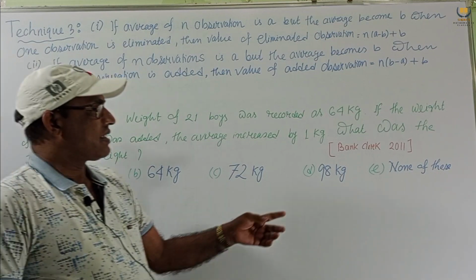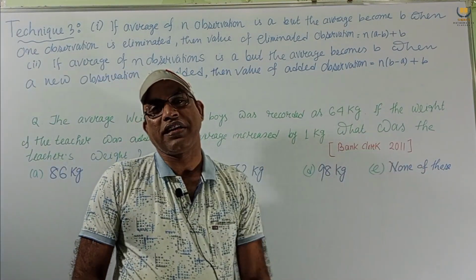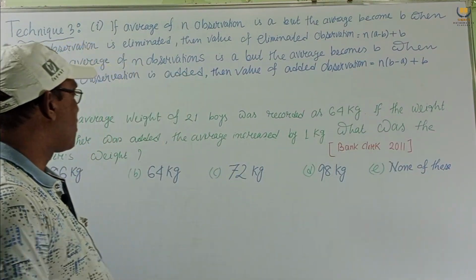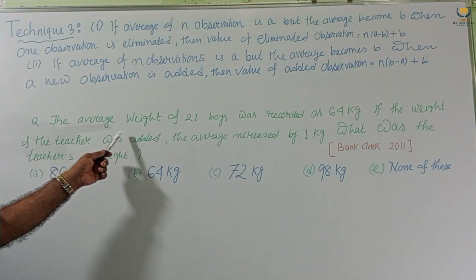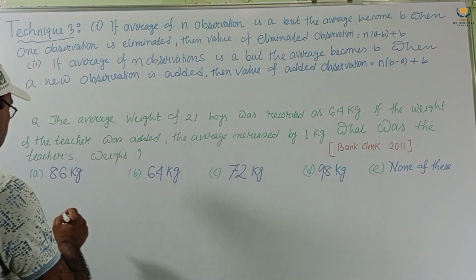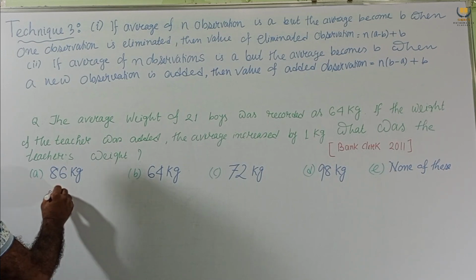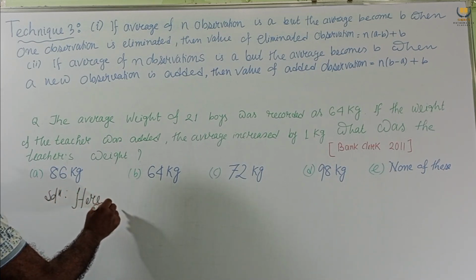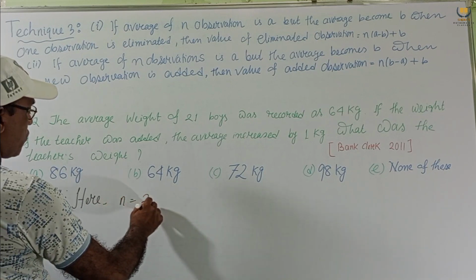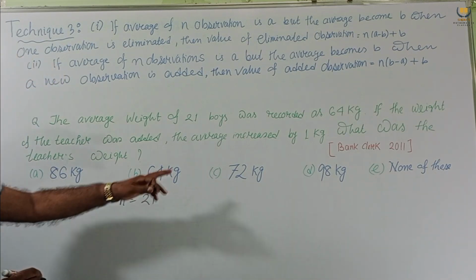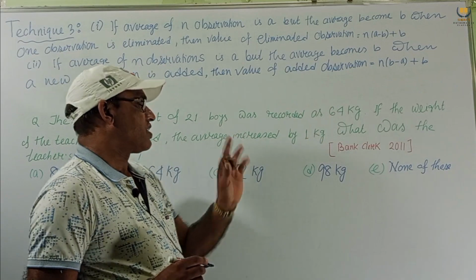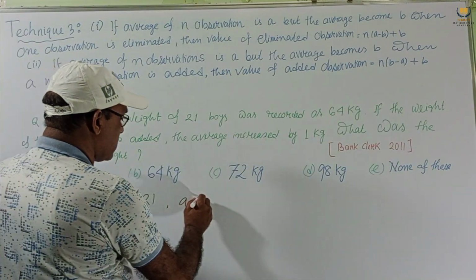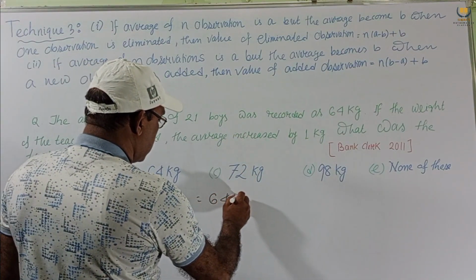This was set in Bank Clerk 2011. Now we want to solve this problem. The solution is that n equals 21, and the average was recorded as 64 kg, so a equals 64 kg.